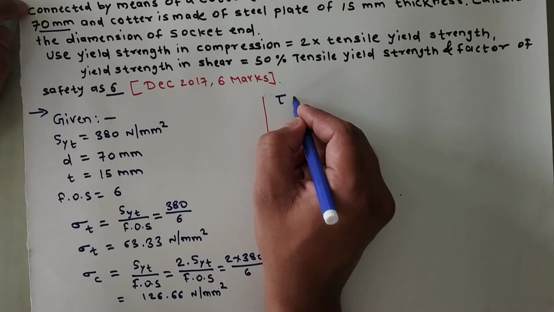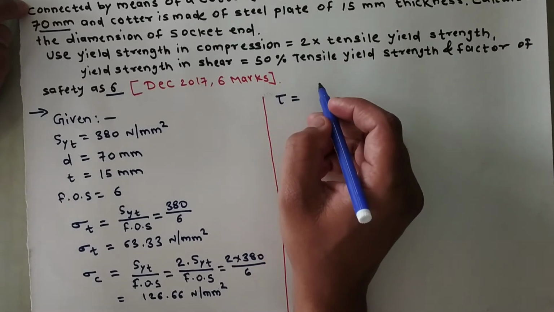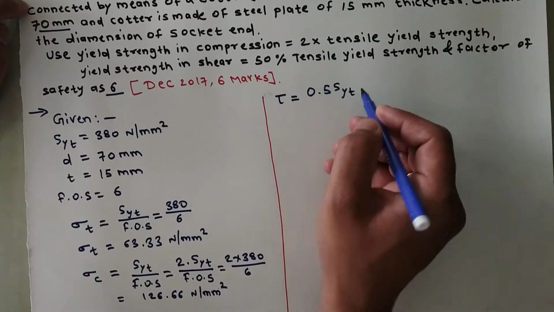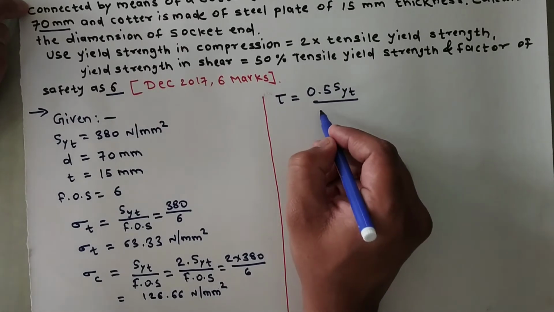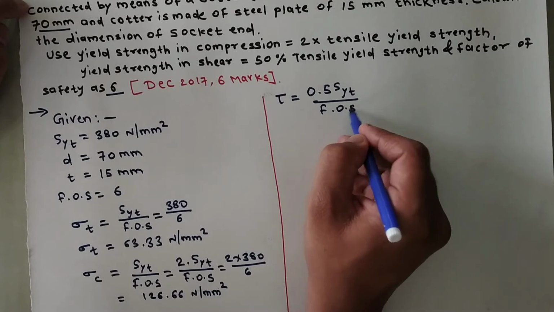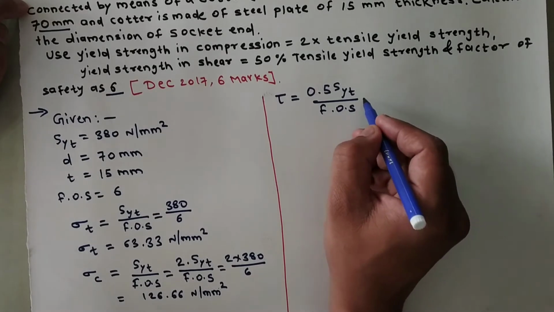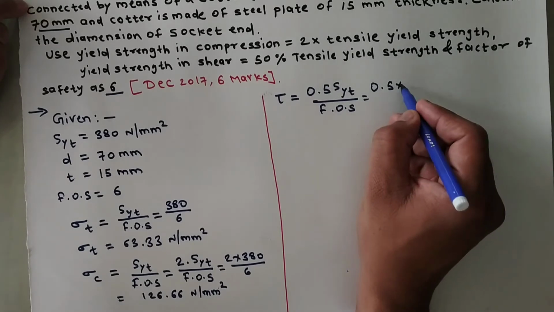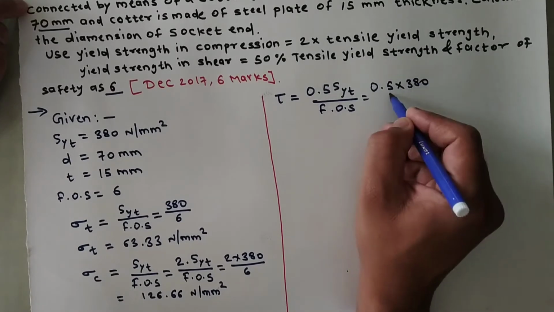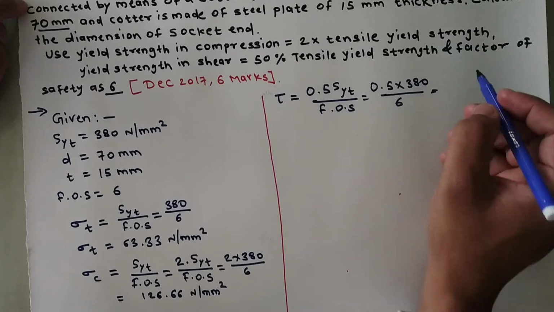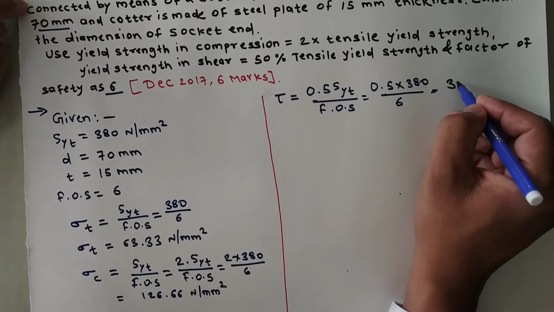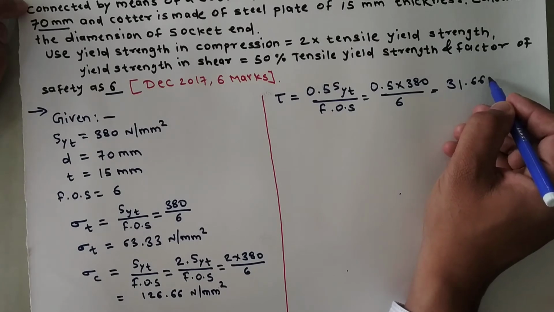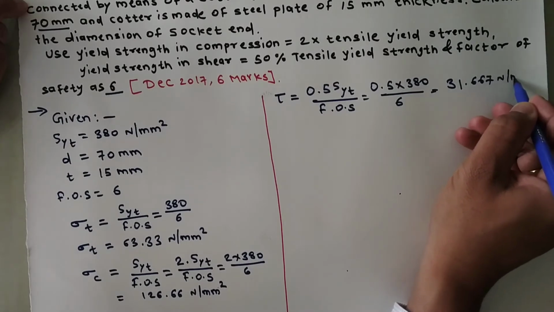Tau, that is the yield strength in shear, is equal to 0.5 SYT divided by factor of safety. We are given SYT as 380 and factor of safety as 6. So we get tau as 31.667 Newton per mm square.